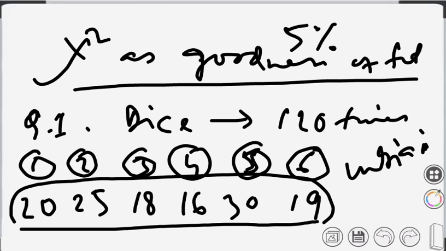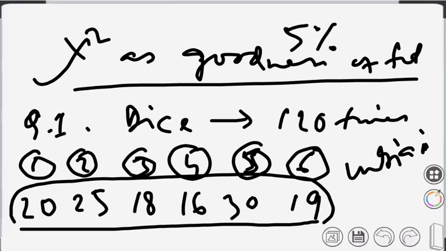Okay, so here we are not testing... Why is this called a non-parametric test? Here we are not testing some value of mean or median or standard deviation or population proportion.